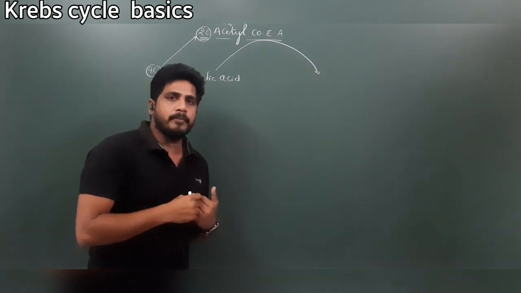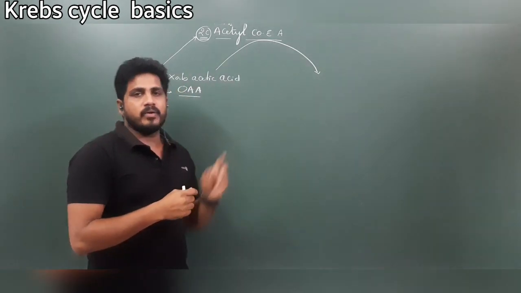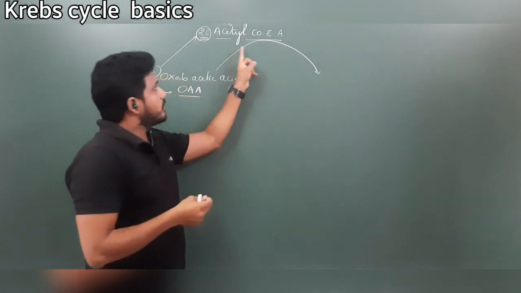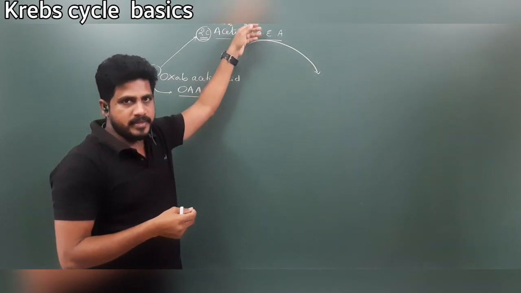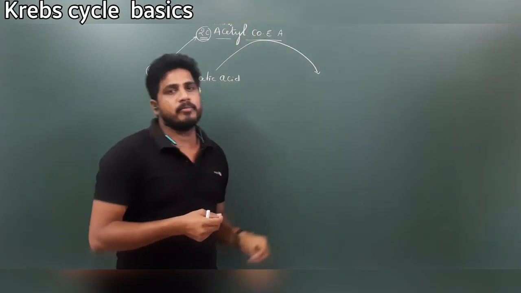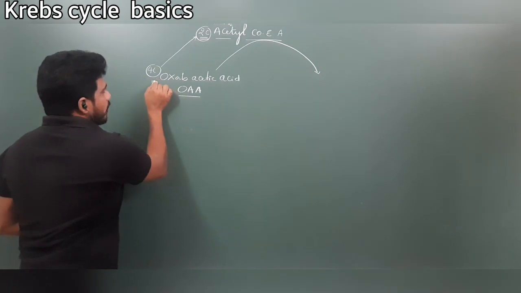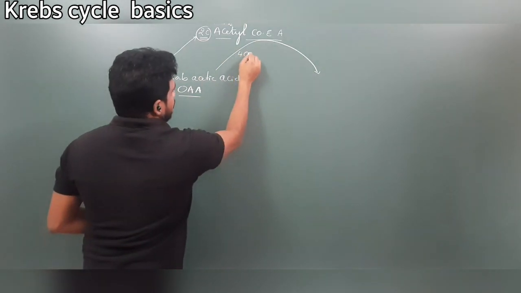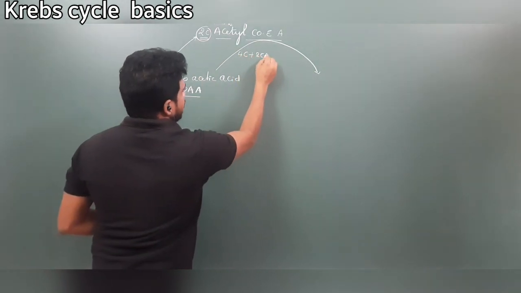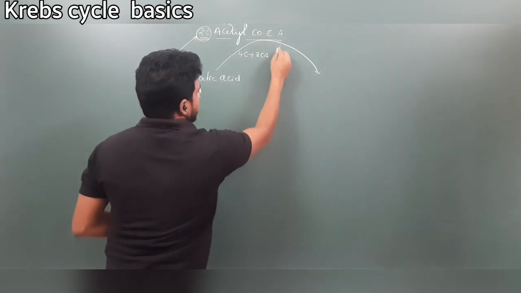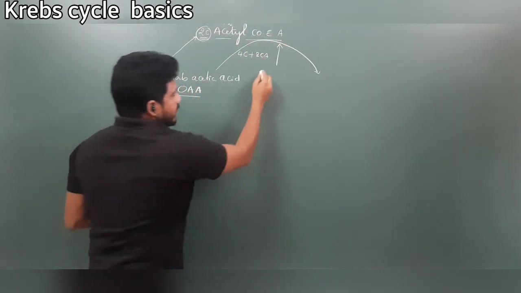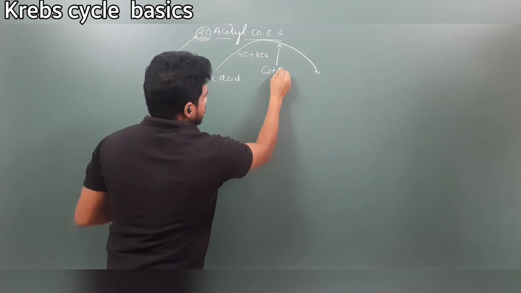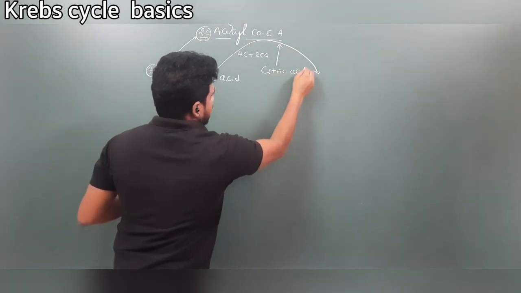What is the 4 carbon component here? Oxaloacetic acid. What is the 2 carbon component here? Acetyl coenzyme A, formed by the process of oxidative decarboxylation. The 4 carbon component plus the 2 carbon component, in the presence of an enzyme called citric acid synthetase, forms citric acid.